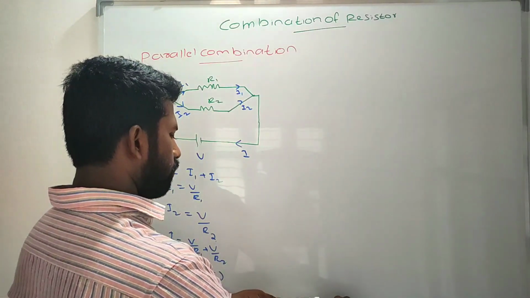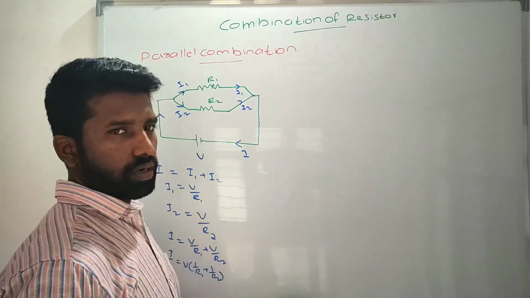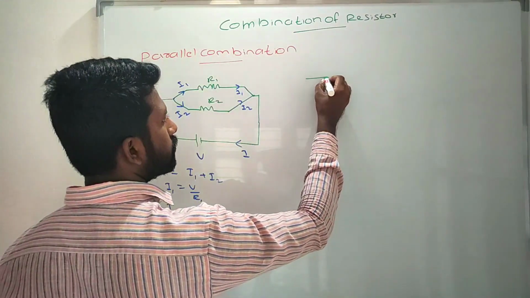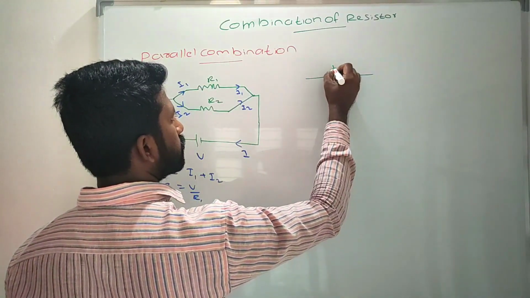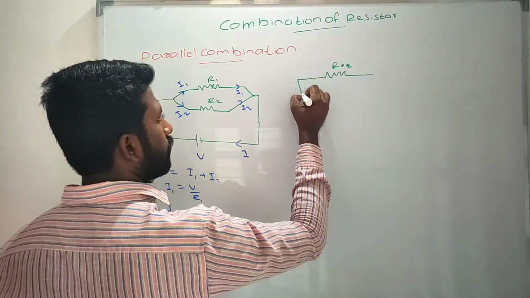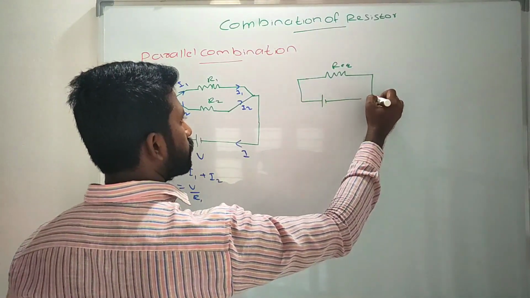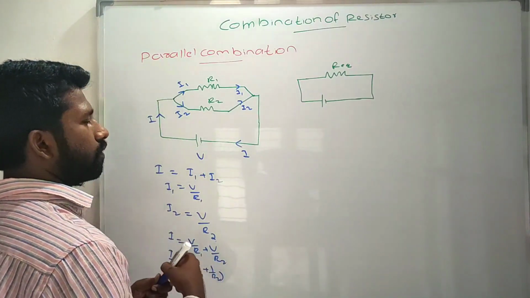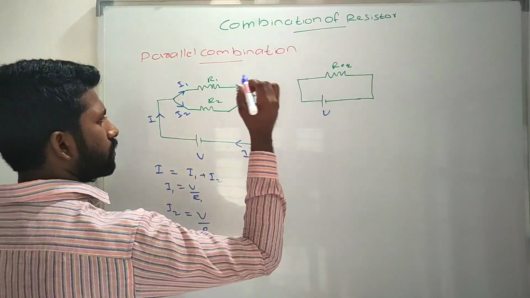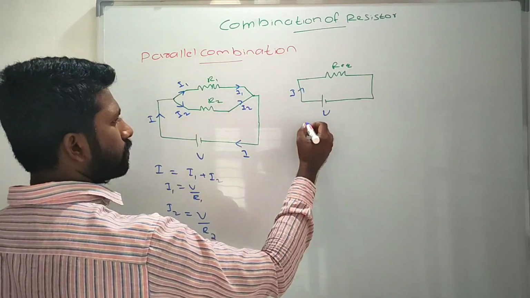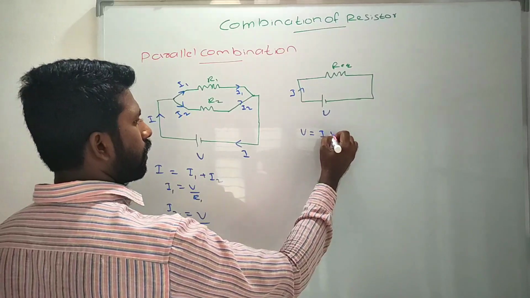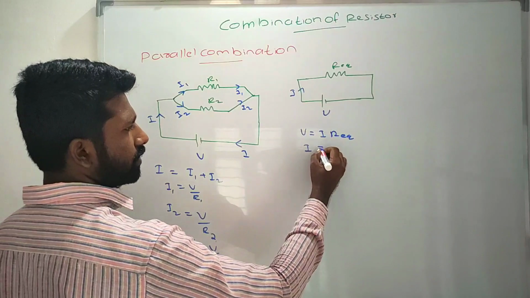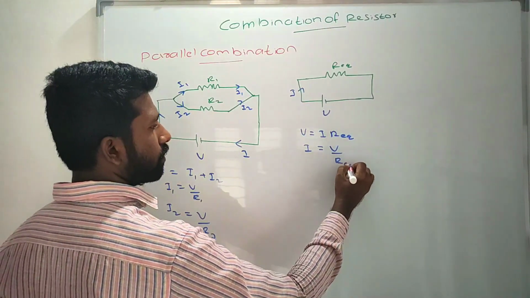Now I am going to replace this entire network with a single resistor, that is R equivalent, connected to a voltage source V. This voltage source has the same voltage as before, and it will supply the current I. From this, V is equal to I into R equivalent. So what is I? V by R equivalent.